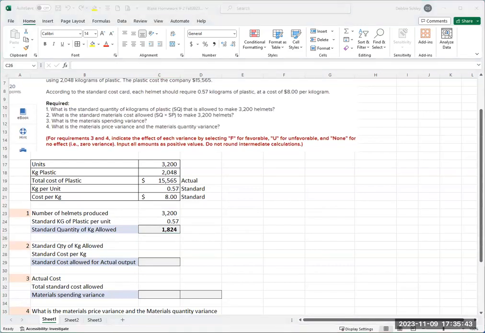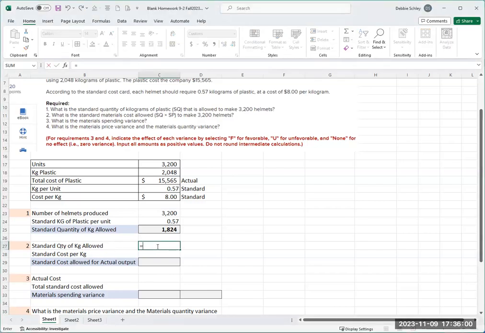For required 2, they want to know what is the standard materials cost allowed, SQ times SP, to make 3,200 helmets. So the standard quantity of kilograms allowed, we just figured that out in required 1, 1,824 kilograms. The standard cost per kilogram is $8.